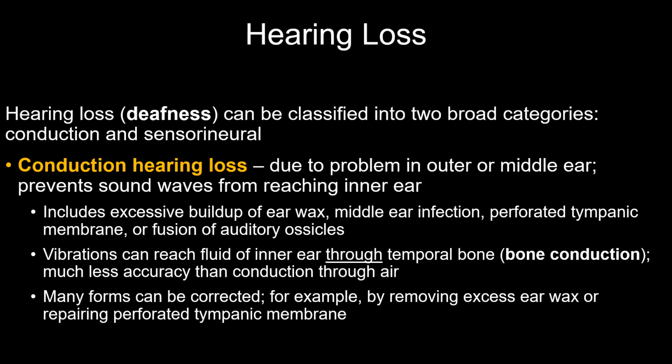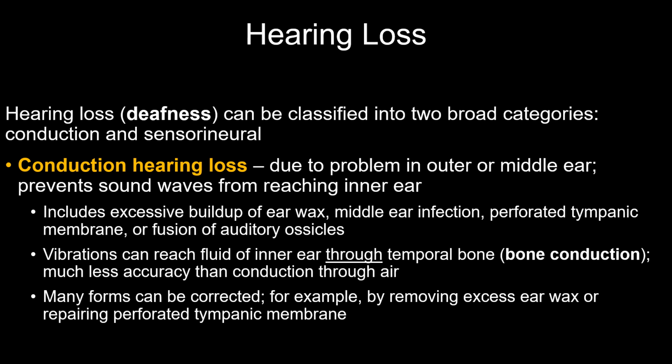So deafness is the loss of hearing, and this can be classified into two broad categories. There can either be conduction deafness or sensorineural deafness. Now, conduction deafness or conduction hearing loss is due to a problem in the outer or middle ear, and what this basically is a prevention of the sound waves from reaching the inner ear.